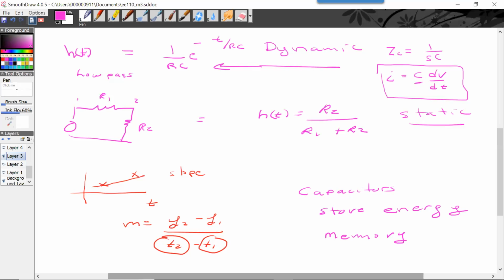In this case, there's no memory storage element. There's no energy storage element. And so whenever V in changes, V out will change instantaneously. And so that would be the definition of static.